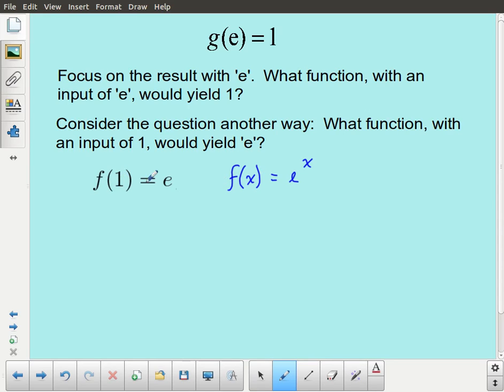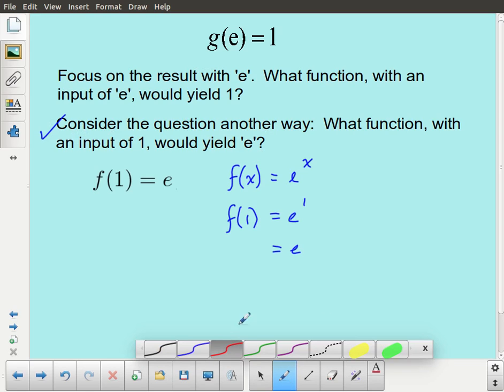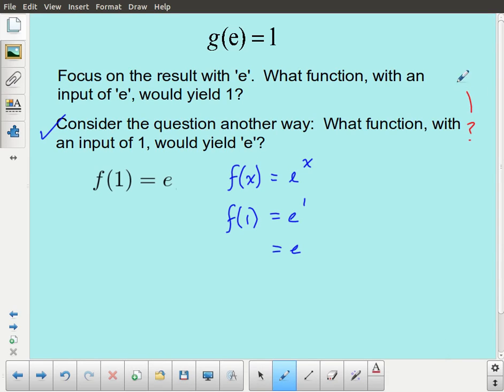If I put in 1 here, I end up with e to the power 1. f of 1 is equal to e to the power 1, which of course is equal to e. But that was the answer to this question. So how do I go from here up to here? The answer is I need to consider the inverse.